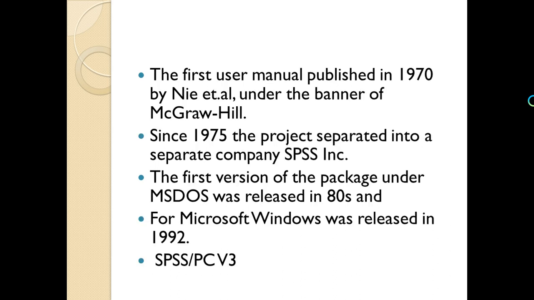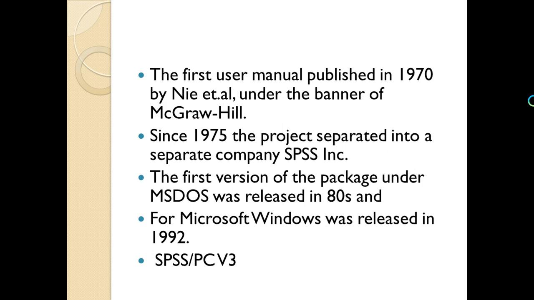But gradually, these three people wrote a first manual in the year 1970, and this manual popularized the software called SPSS. Since 1975, the project got separated from the university and got established into a company called SPSS Incorporated.